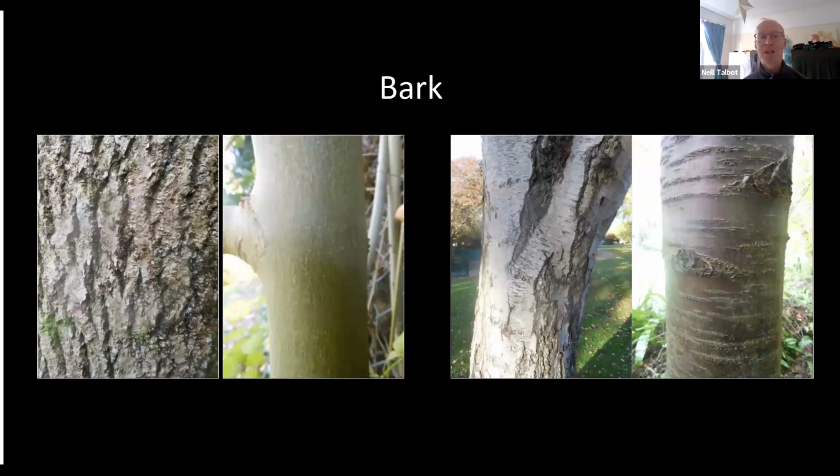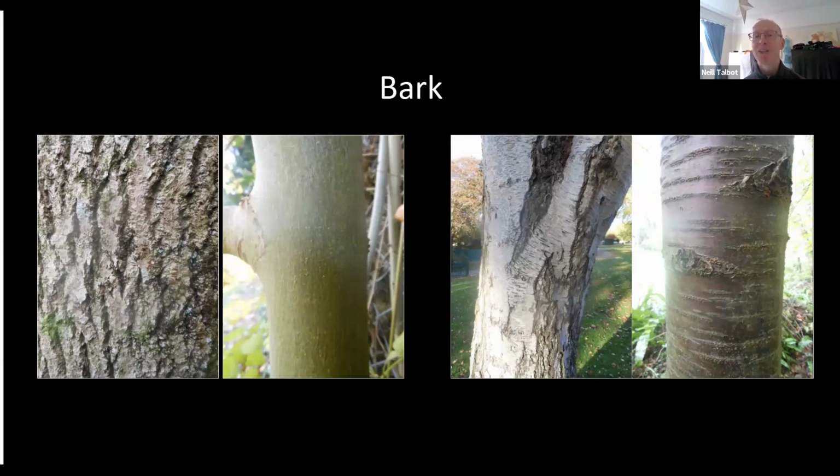So moving on to the bark, there's a couple of very distinctive species. I haven't talked about these in detail, but I just thought I'd highlight the fact that these are ones that you can relatively easily work out that they are a particular genus from the bark.